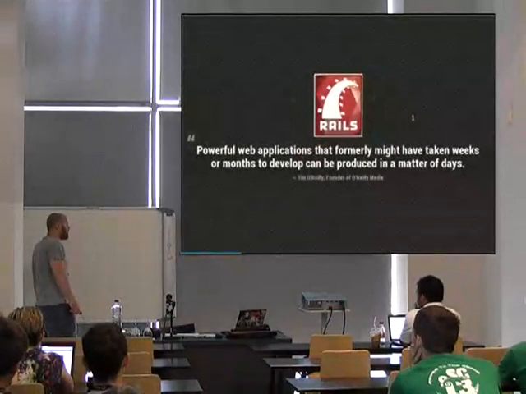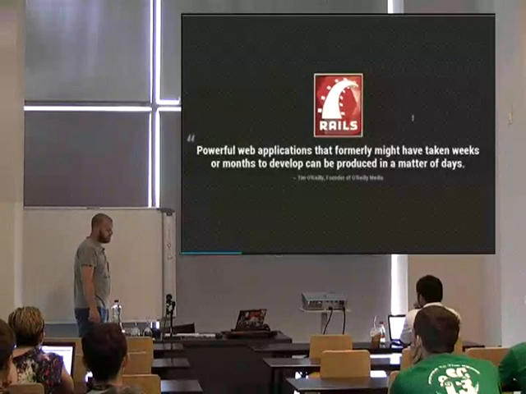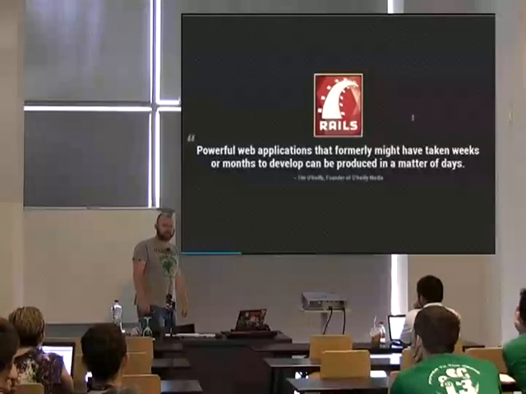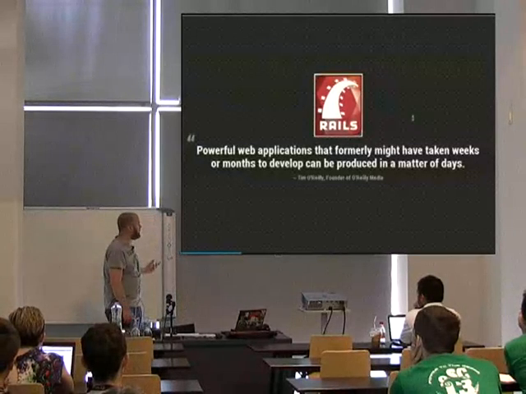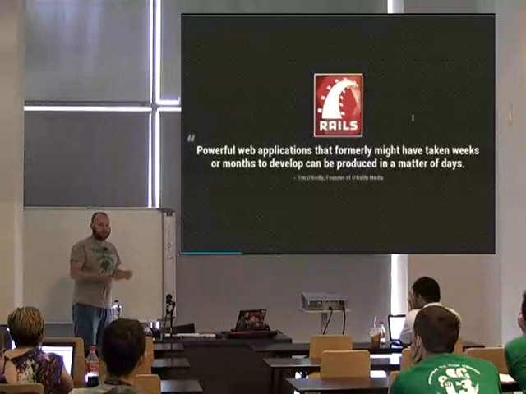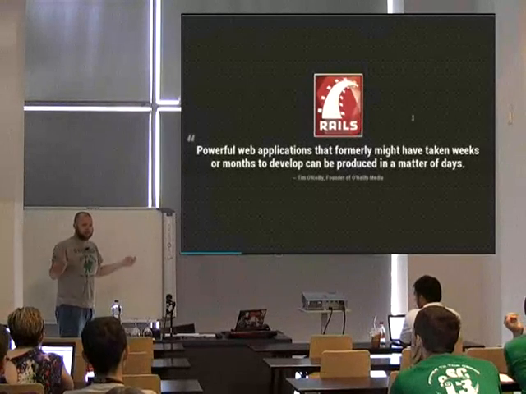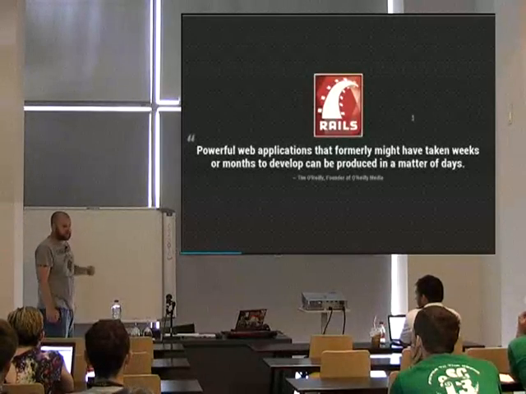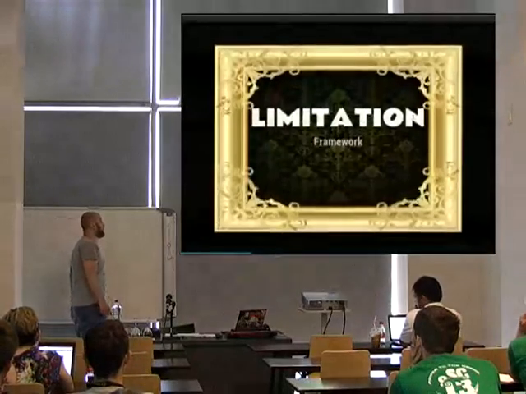So this is what really makes Rails stand out and what has it set apart from all the other web frameworks and PHP and stuff like that. The framework has one philosophy, getting shit done.